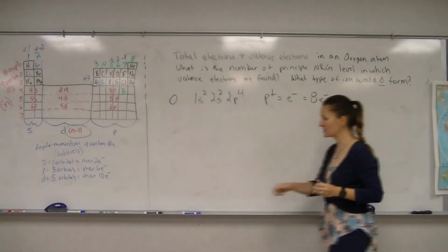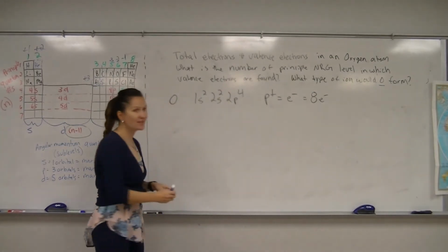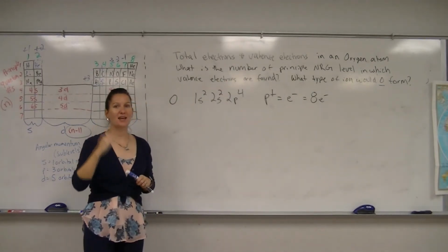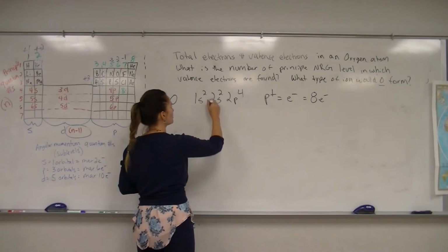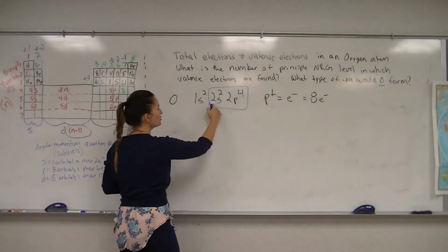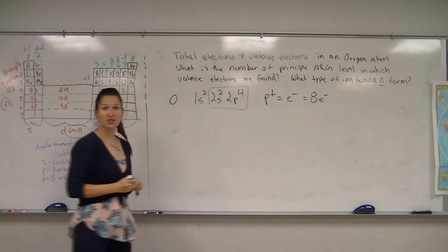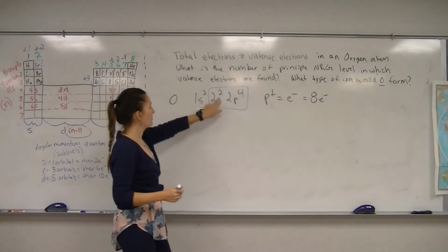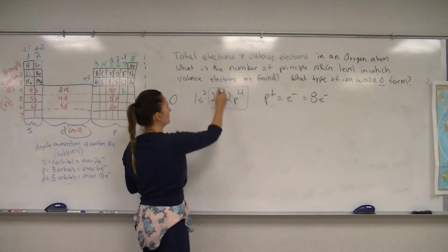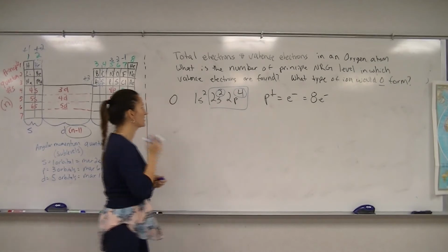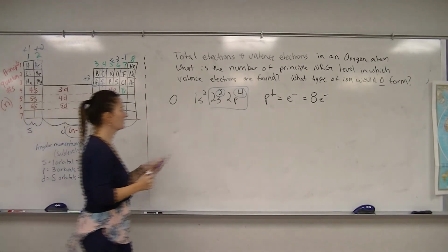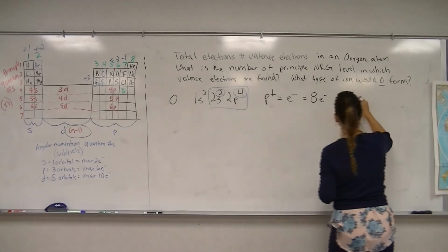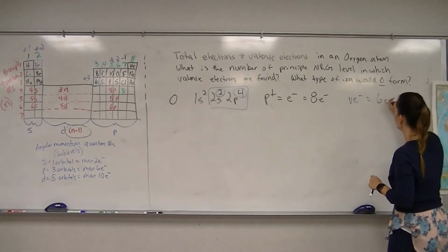Because remember, valence electrons, we said, were just the electrons in the highest energy level, that outer shell. So since 2 is the highest energy level of oxygen, that means it's just these electrons here. So how many valence electrons does oxygen have? 2 plus 4, so valence electrons is equal to 6.